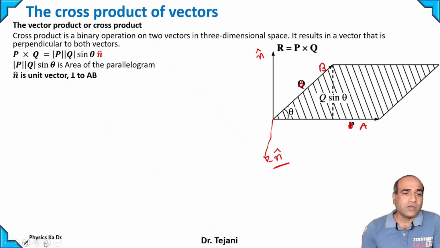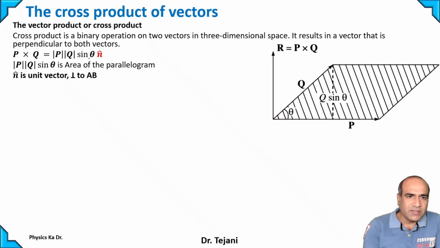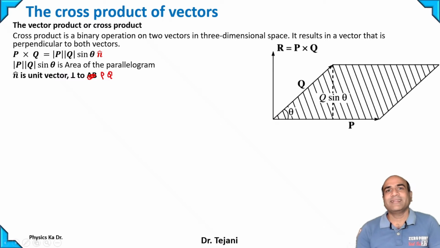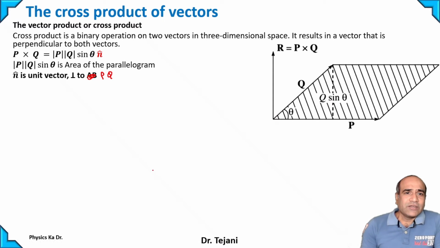We don't know which one is the correct one, but this n bar gives direction. Maybe in this case we may not write AB, but we should write PQ, right?